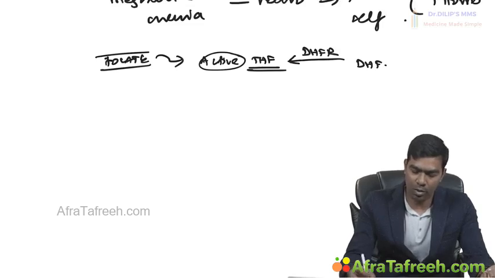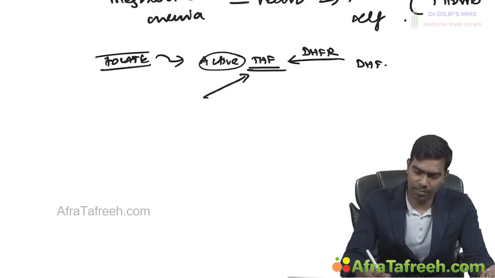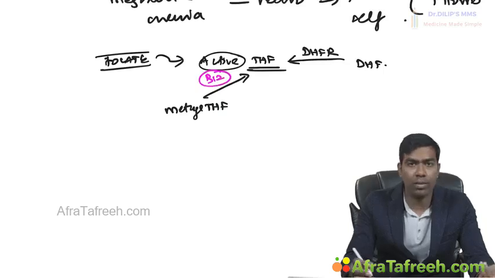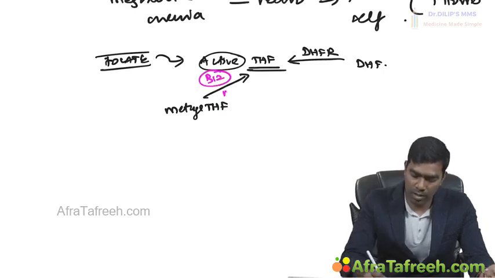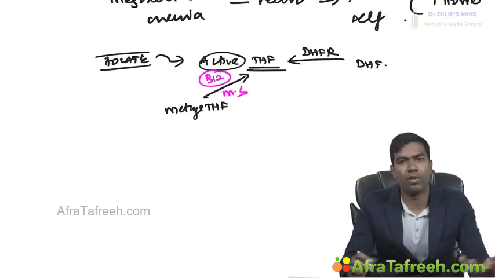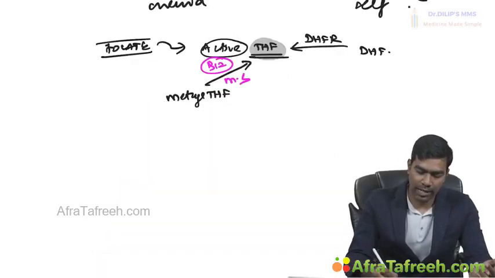And the second one is from methyl THF, and for this you need B12, through the step called methionine synthase, which we discussed. Homocysteine will get converted to methionine, and at the same time this methyl tetrahydrofolate will get converted to tetrahydrofolate. So these are the two principal forms of tetrahydrofolate in your body. These are the active forms.